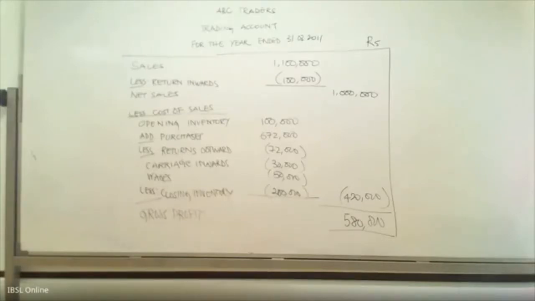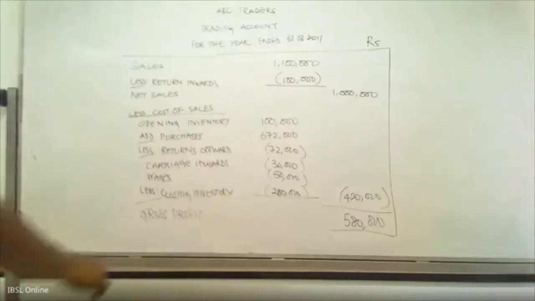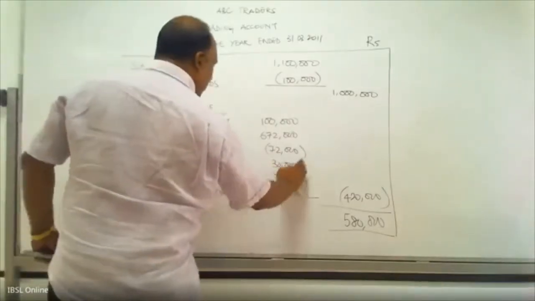So the cost of sales will be, you have to start with the opening stocks or the opening inventory, and you will add the purchases, and you will deduct the purchase returns, and you will have to, sorry, I have made a mistake.